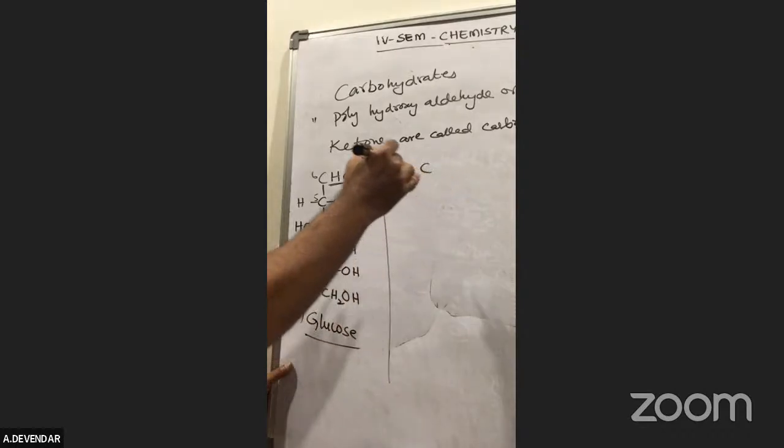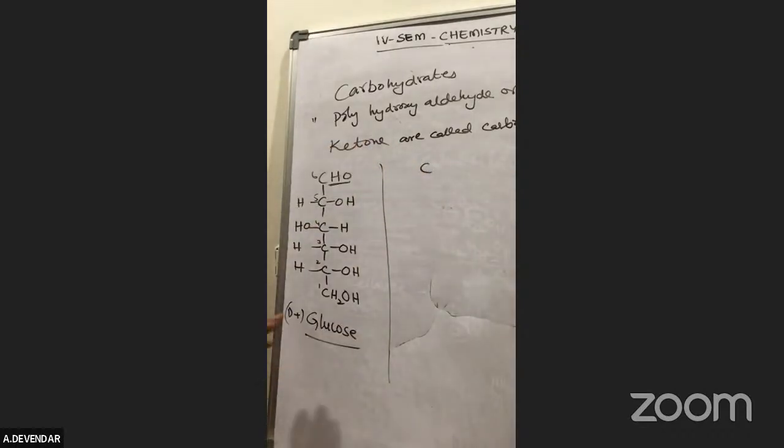the compounds which have CHOH and also a C keto group will be present. Where the keto group is not present, we have to identify. Here the aldehyde is there.